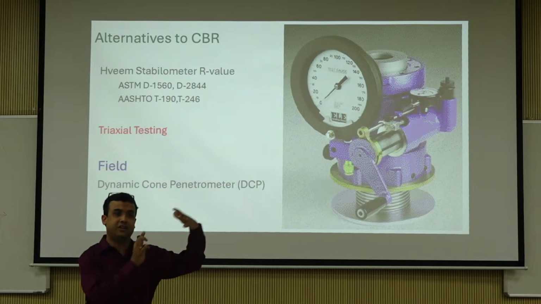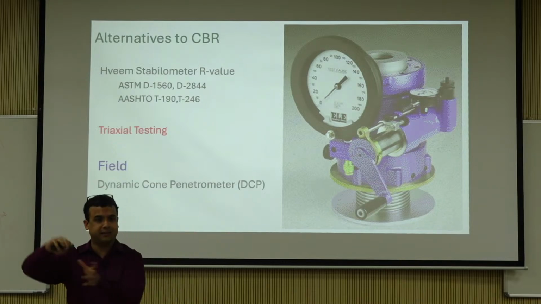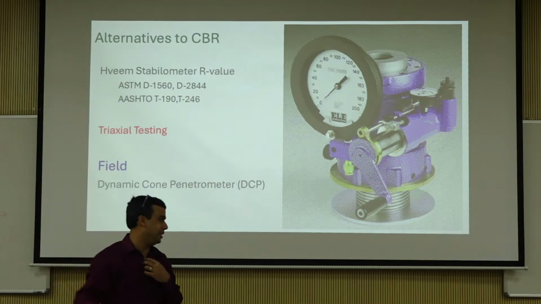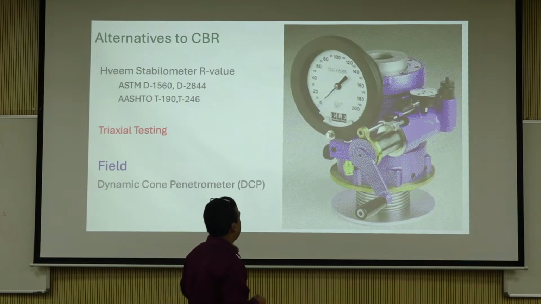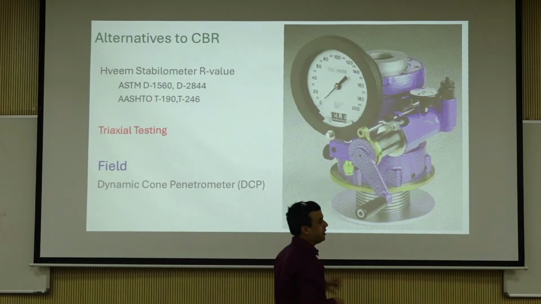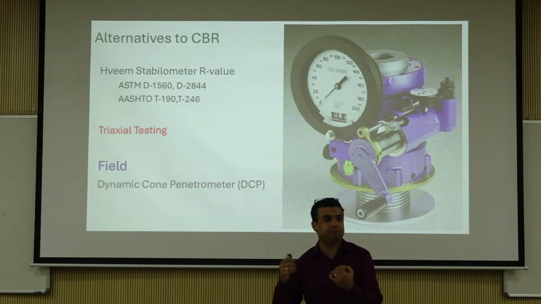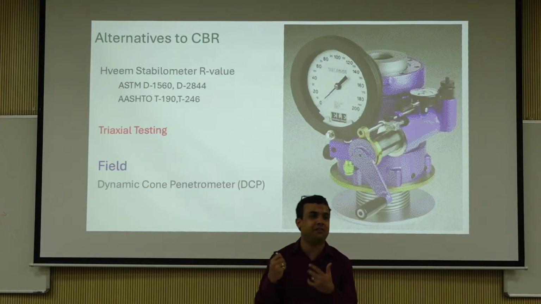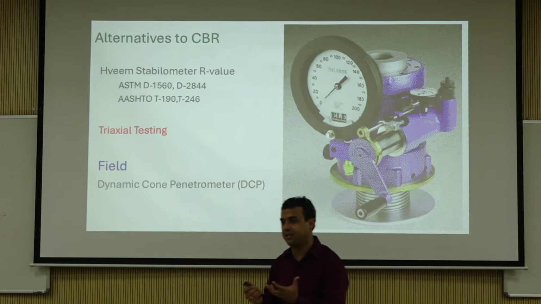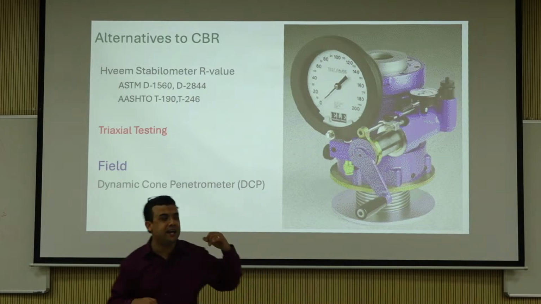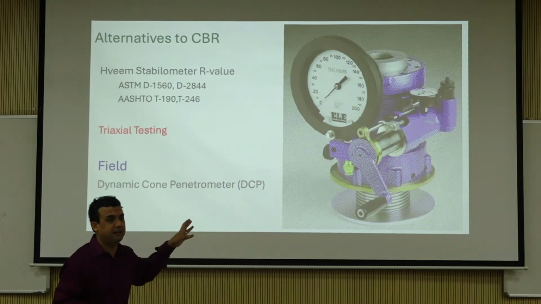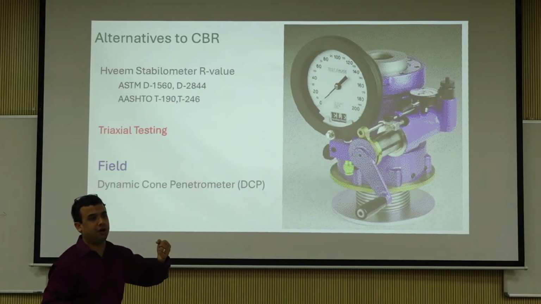So there is Marshall, there is Hveem, and then there is Superpave, and now BMD and so on. Hveem developed something called a stabilometer, and I am a bigger fan of the Hveem stabilometer than of CBR, because to me it's a lot more scientific than just punching a soil.